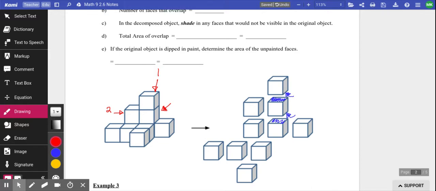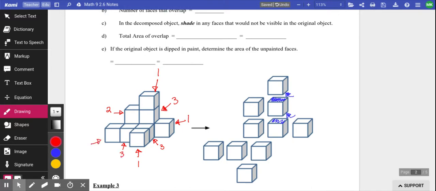And the top. 3. Looking at this square right here, just the one side that's against it. Looking at this square, it would have the front of it, the side of it, and the back of it. So that would be 3. Looking at this square right here, it would have just the back of it for 1. This square right here, it would have the left side, the back, and the right side for 3.